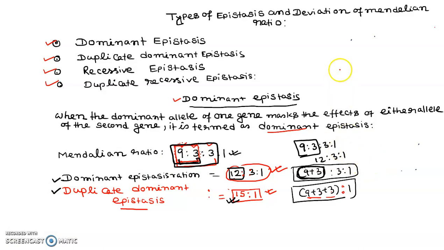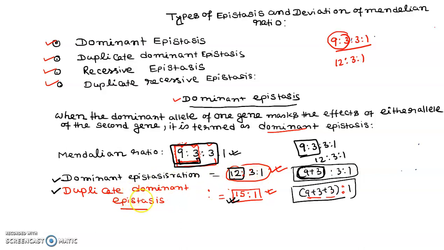We know the dihybrid phenotypic ratio is 9:3:3:1. If we add the first two, we get 12:3:1. That is dominant epistasis, 12:3:1.